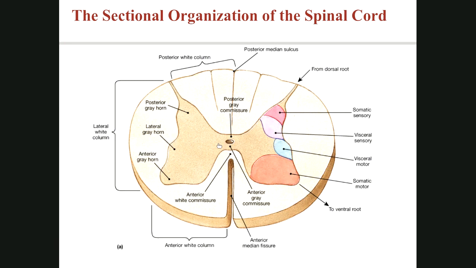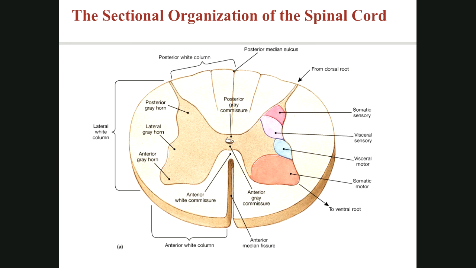The gray commissure is this part which attaches the right and left sides together. And in the center of the gray commissure, you can see a hole. This hole is called the central canal of the spinal cord. And in this central canal, we have cerebrospinal fluid.